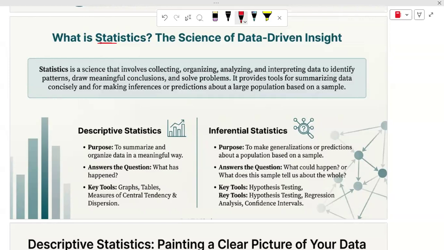So here, statistics is a science, the science of stat. Stat means data. So statistics means data. What is statistics? The science of data-driven insight.